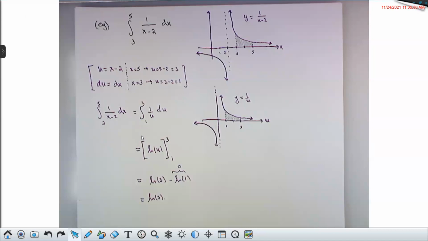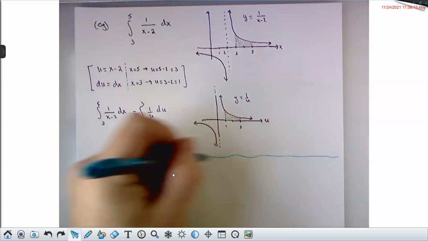Will this situation happen, with the logarithm of absolute value u from minus 1 to minus 3, where I just write the logarithm of absolute value of minus 3 minus the logarithm of absolute value of minus 1, in an exam or exercise, anything?